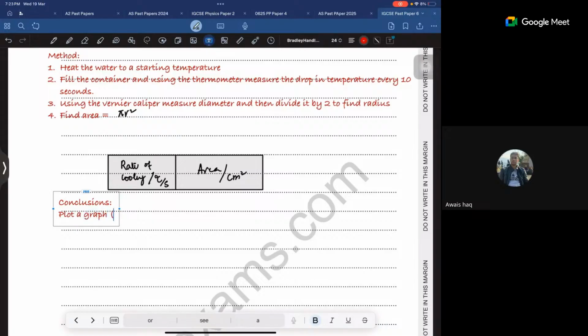Now here, always remember, plot rate of cooling, which is obviously the dependent variable, on the y-axis. In physics, it's just a convention to draw the dependent variable on the y-axis, and area on the x-axis. On the x-axis, it's just a convention that we put the independent variable. So that's a convention, right? Remember.